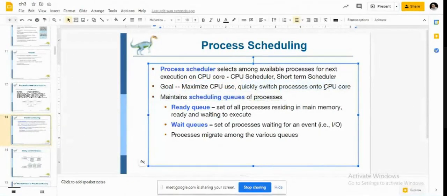Again, if you have multiple CPU cores, then every core has some work to do. चार प्रोसेसर है तो चारों प्रोसेसर बिजी रहने चाहिए, ऐसा नहीं एक प्रोसेसर काम करे बाकी के तीन बैठे रहे, ऐसा नहीं होगा. So these are the schedulers which are available in your operating system.